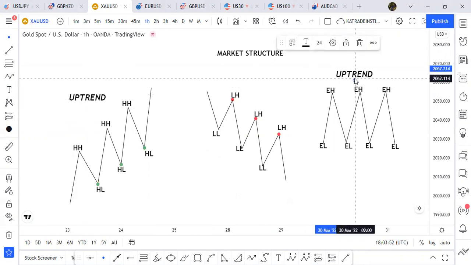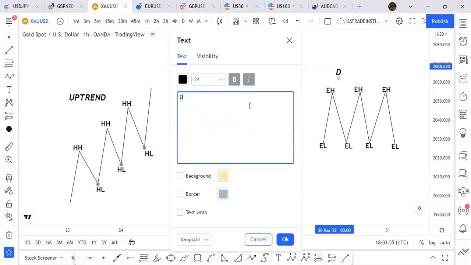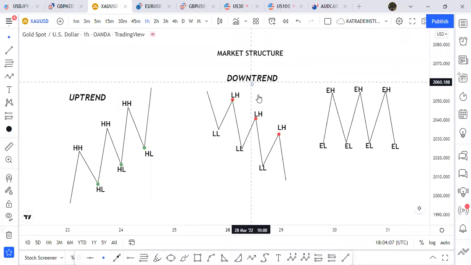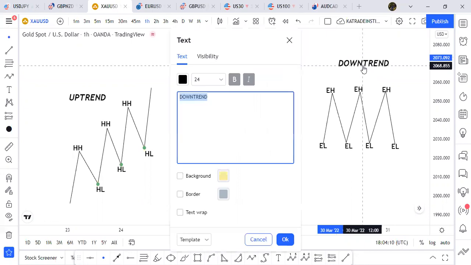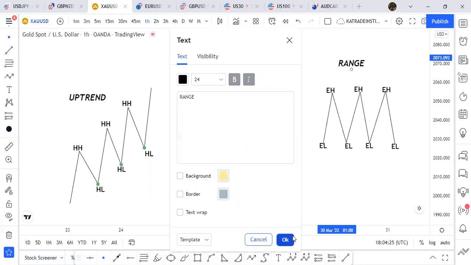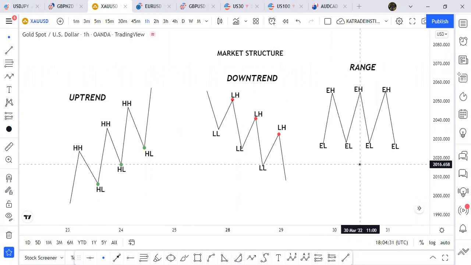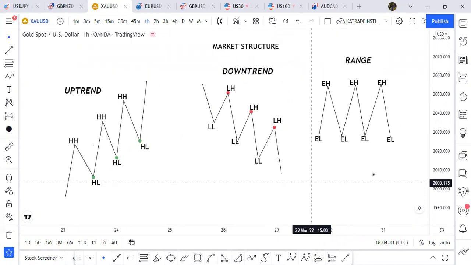Then we have the downtrend. And then we have the ranging market, or consolidating market. This is the range. Yeah, that is all.